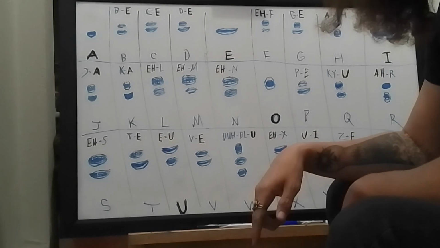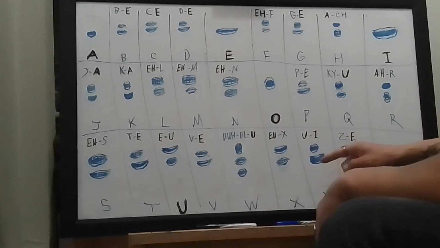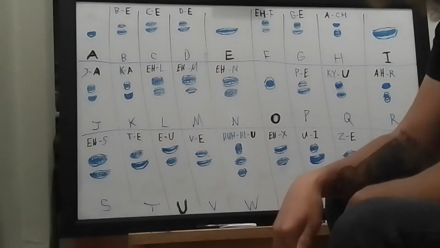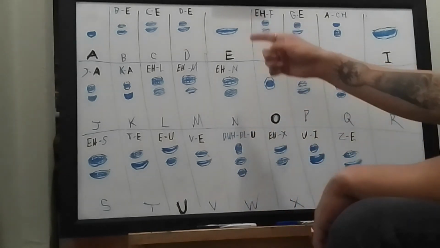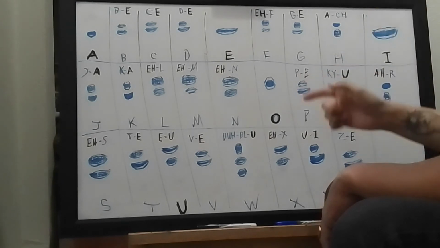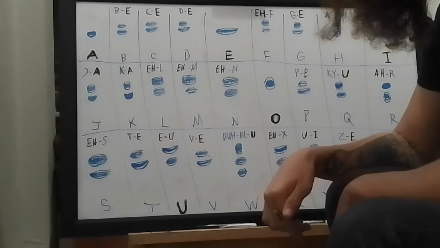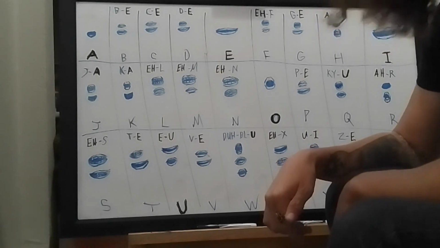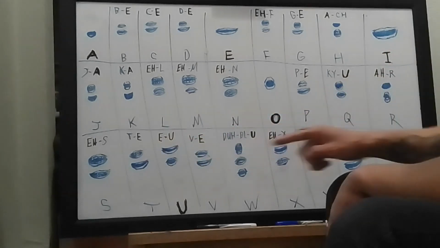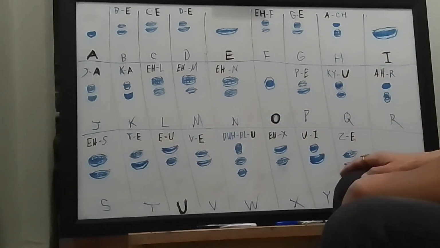O, U, double U. X, N is kind of like E, like the corners of your mouth are a little bit more rounded. X, kind of like S right here. X, definitely compressed.